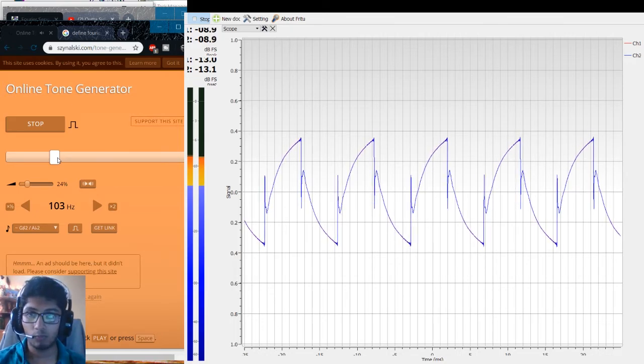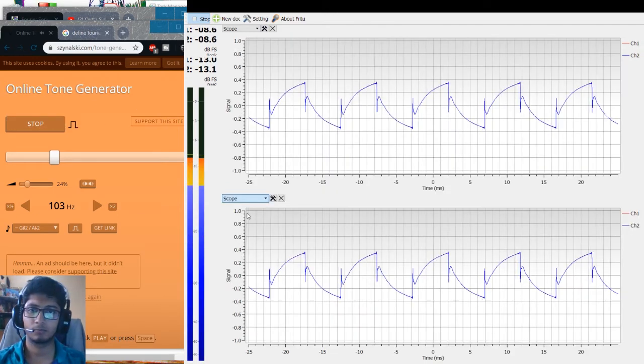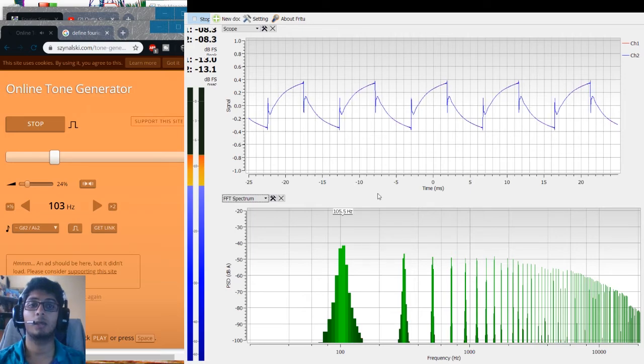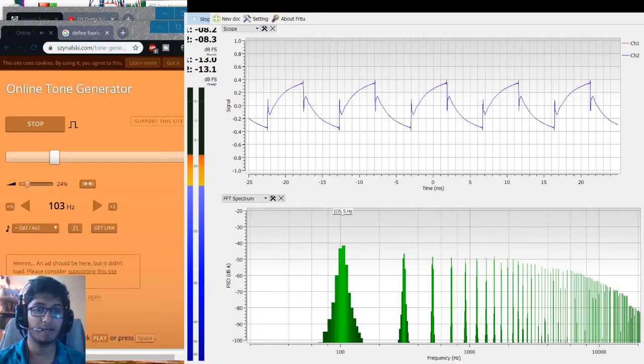So if we now represent this in the frequency domain, we should receive various peaks of frequencies. Let's see if that is true. Okay, so as you can see, we are proceeding right. We are receiving various frequencies in various spikes in the frequency domain.